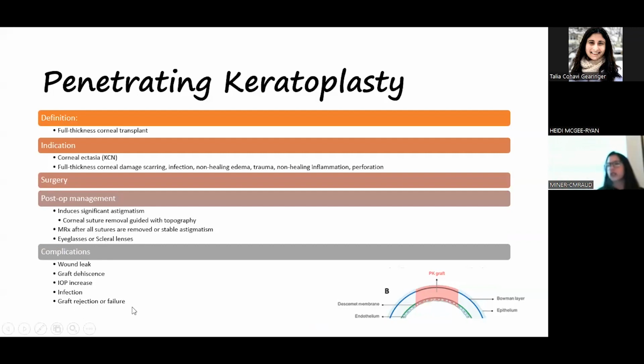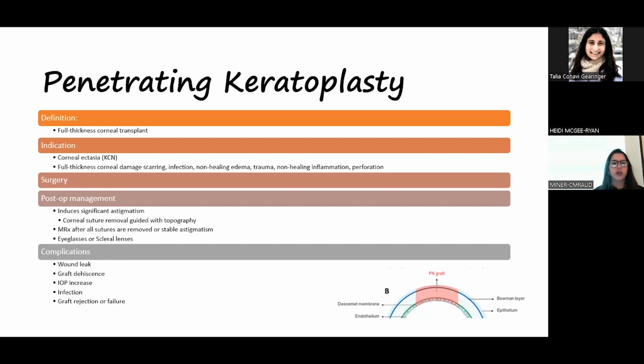Or, for example, patients that have corneal ulcers that result in a full thickness corneal scar, or patients that have trauma with a full thickness corneal laceration, all of them will only be able to have a full thickness corneal transplant to be able to provide them the best visual outcome.